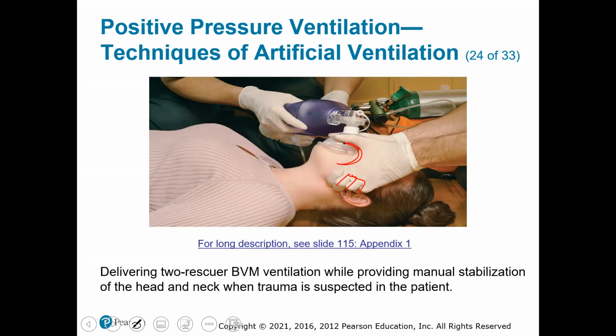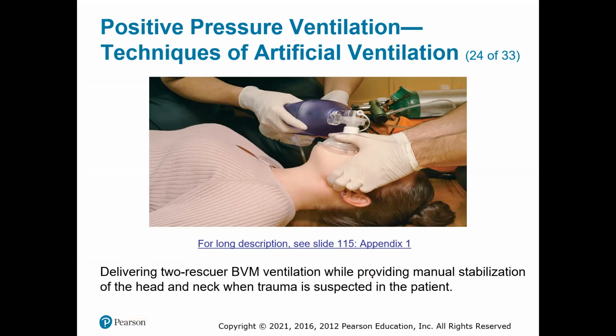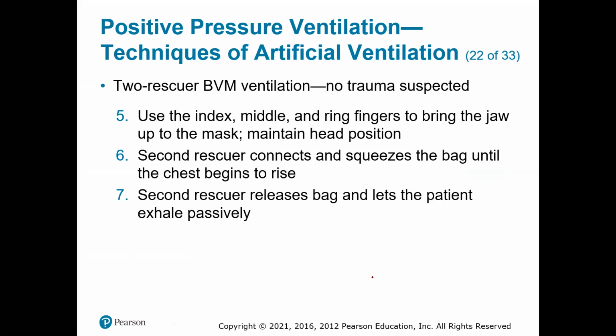It's best because he's got pressure on both sides. So one thumb, two thumbs, but then he's bringing this jaw up to the mask. So they're not pushing this whole thing down. They're bringing that jaw up to the mask. So we'll go back to these slides so you can read them.